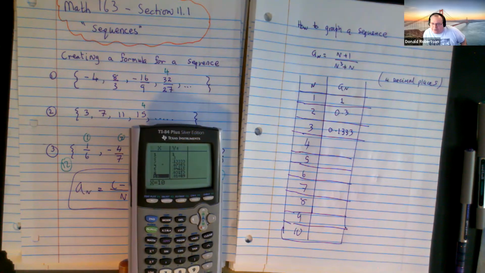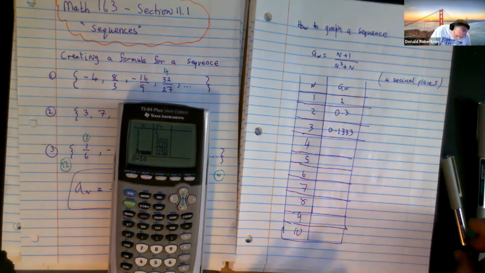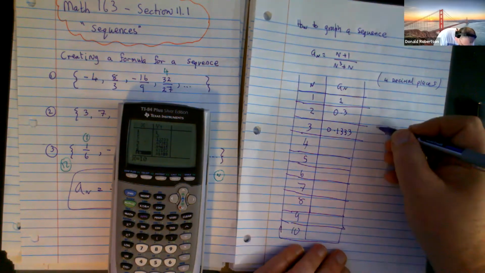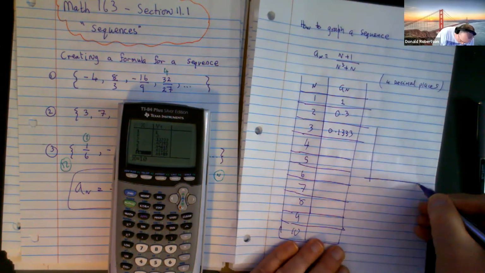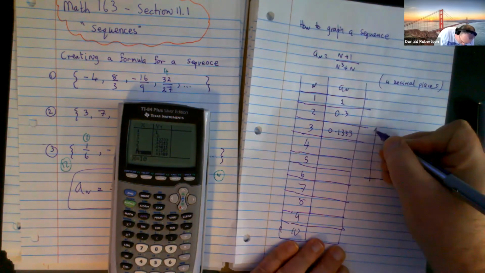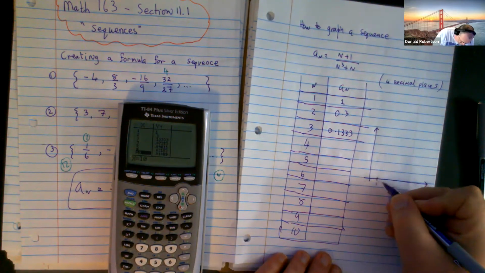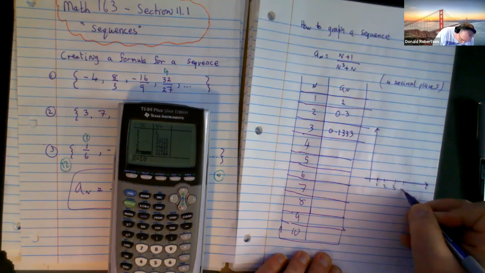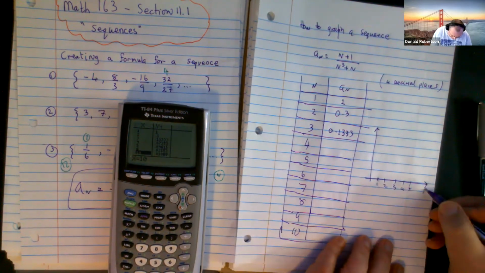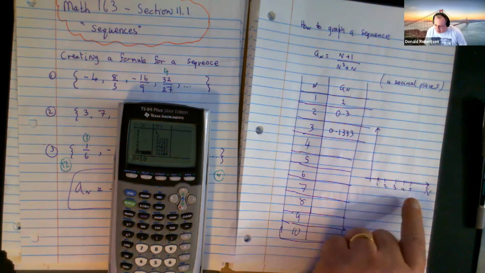But how do I graph that? Well, if I wanted to do it by hand, which I don't, wouldn't I draw just a set of axes? Wouldn't I go 1, 2, 3, 4, 5, and so on? And that axis would represent the term.